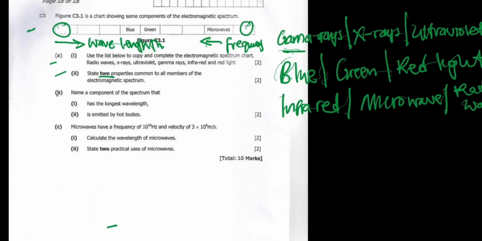Now, for B, the question says, name one component of the spectrum that has the longest wavelength. Now, notice that as you move from gamma rays, the wavelength increases, which means that the last one here, which is radio waves, is the one with the longest wavelength. So here you can say radio waves.